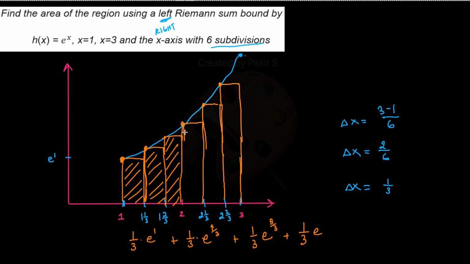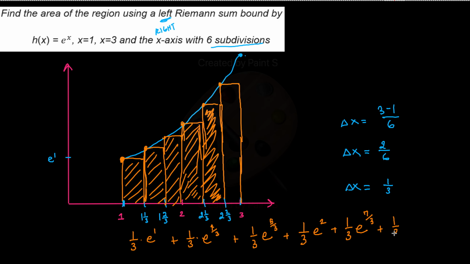This is the rectangle I'm on now, and that's e to the 6/3, which is just e to the second, plus 1/3 e to the 2 1/3, which is e to the 7/3. Plus, and that's this rectangle right here, 1/3 times, and then the last rectangle is this right here, which is e to the 8/3.